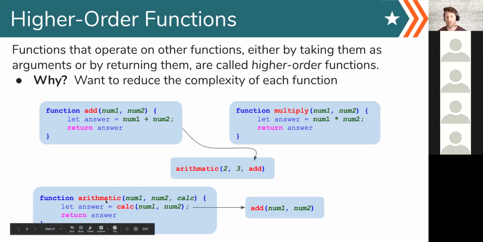We could have just done arithmetic where instead of passing in a function, we pass in a string of add, multiply, subtract, etc. And then within arithmetic, we could have done a bunch of if statements: if calculation equals the string add, or calculation equals the string multiply. But this allows us to reduce the complexity of each function, and we can use this specific function somewhere else and not just in arithmetic.